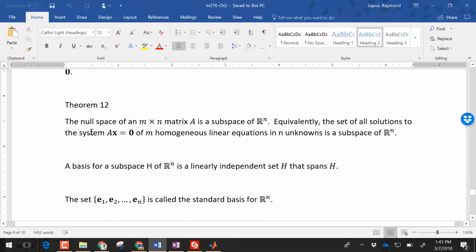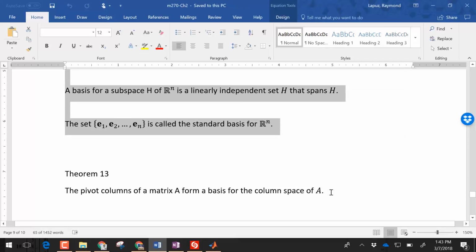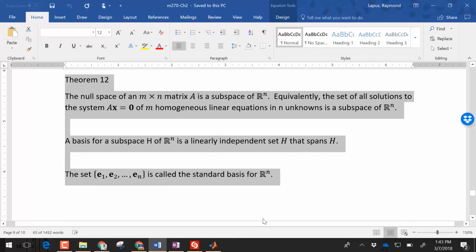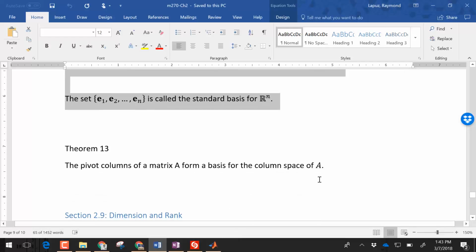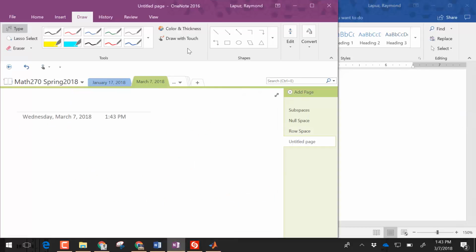All right, the null space. So let's throw some more definitions here, and we're talking about basis vectors. These are some facts that we have already discussed and already kind of know.